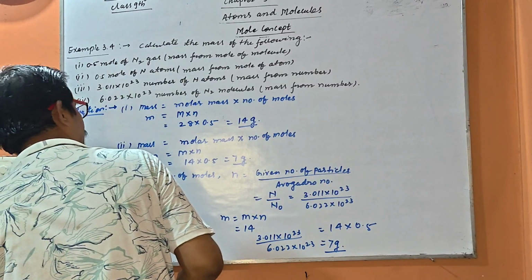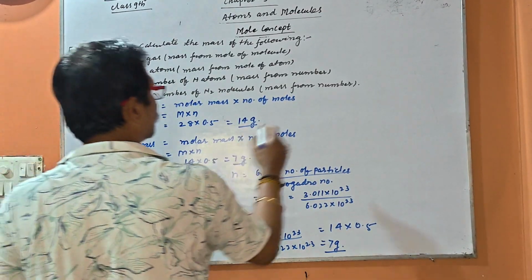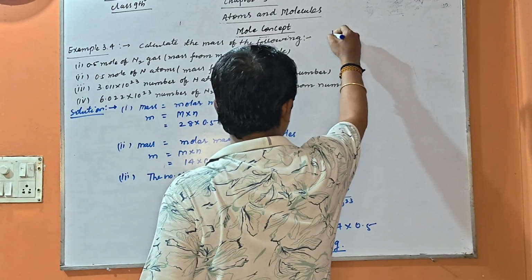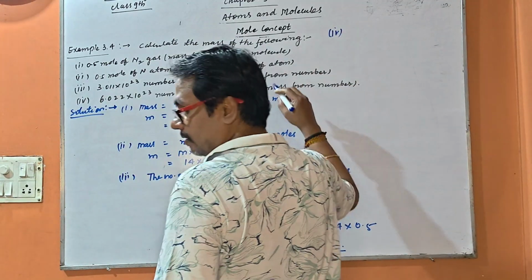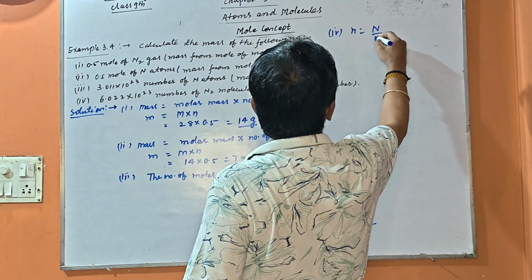After that, question number 4, 6.022 into 10 to the power 23. Answer: n is equal to N by N0.